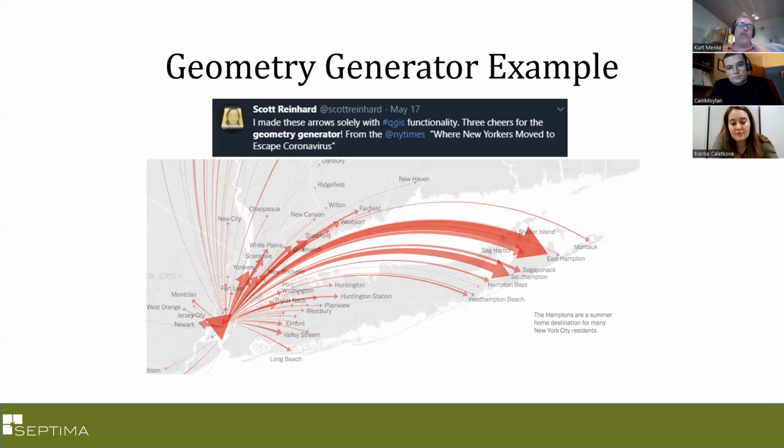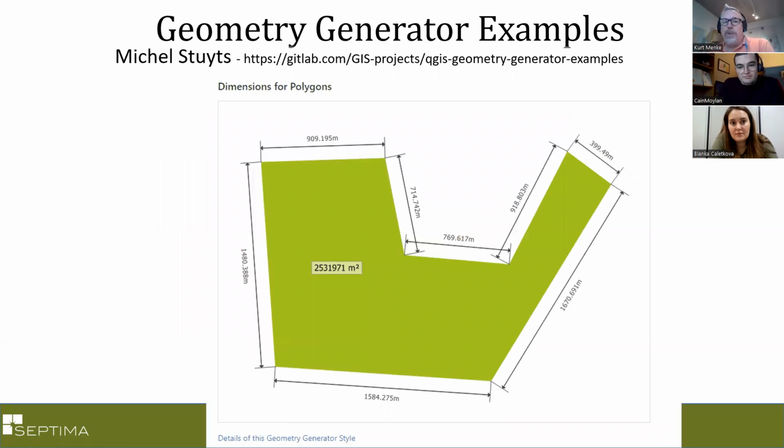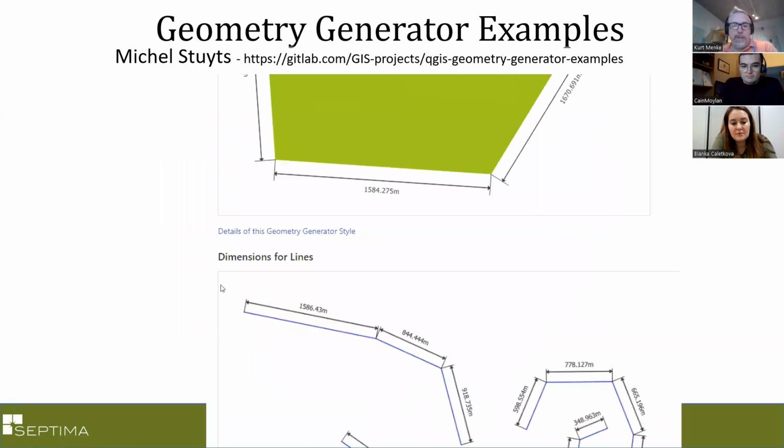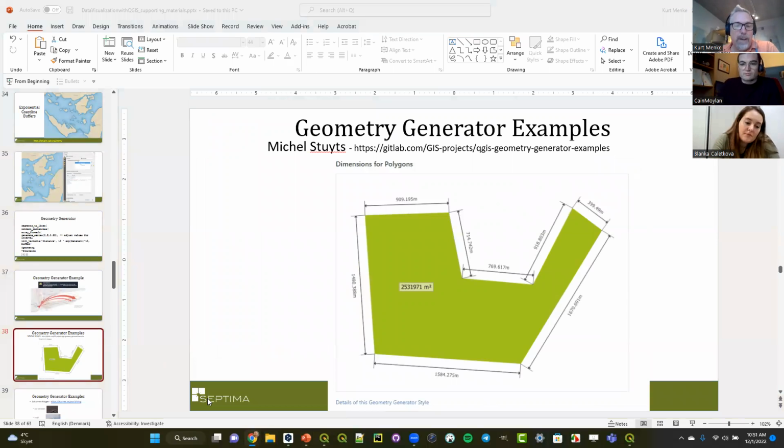So the arrows are being generated on the fly without having to actually create a line data set for that. This gentleman, Michael Stutz, has a GitLab repository, and let me open this up because this is really handy.